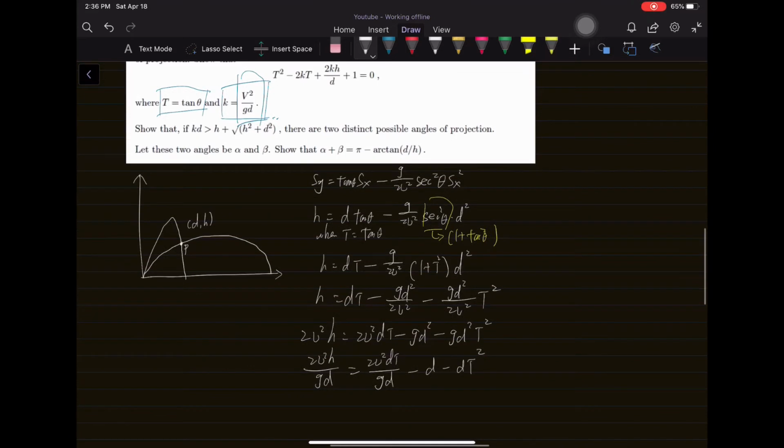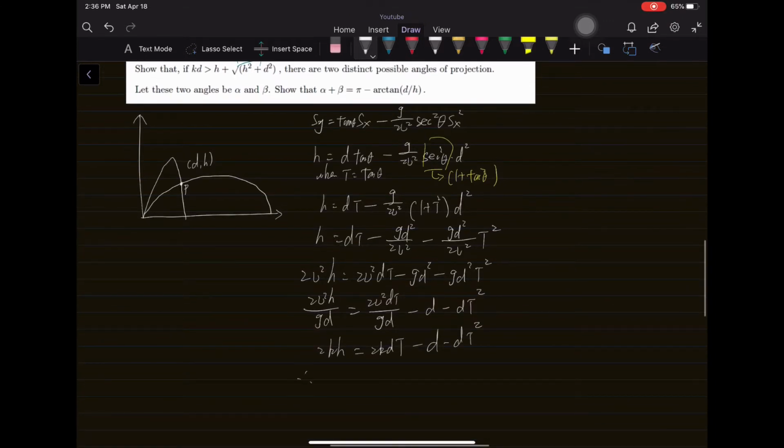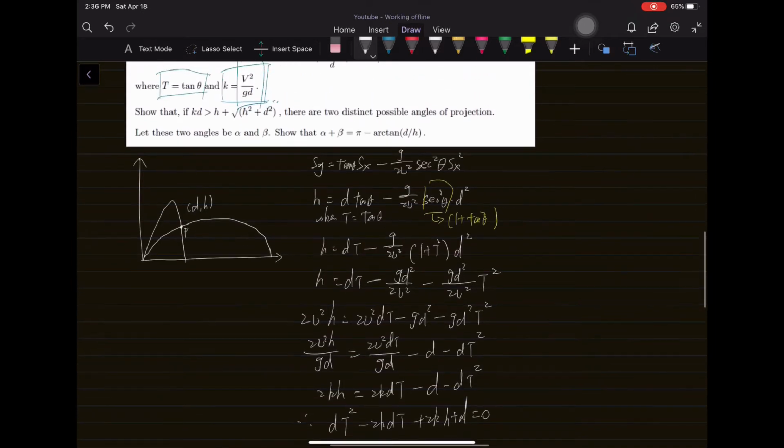So we will get 2kh equals 2kdt minus d minus dt squared, and we get dt squared minus 2kdt plus 2kh plus d equals 0.